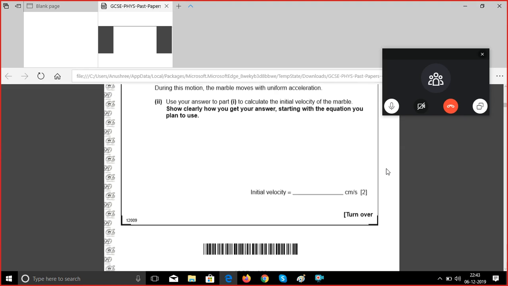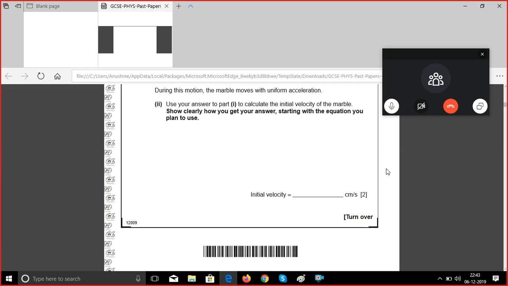During this motion, the marble moves with uniform acceleration. Use your answer to part 1 to calculate the initial velocity of the marble. So it moves with uniform acceleration, and the initial velocity is the starting velocity.